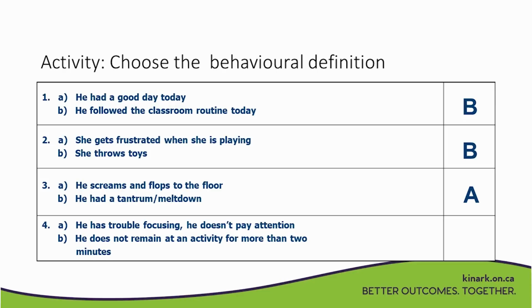Or B, he does not remain at an activity for more than 2 minutes? He does not remain at an activity for more than 2 minutes is the behavioral definition in question 4. The other sentences do not describe observable or measurable behaviors, but instead our interpretation of what has happened.